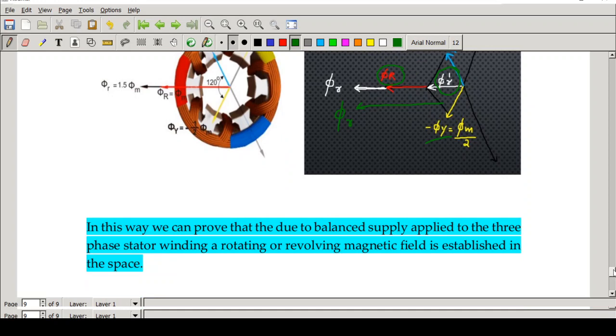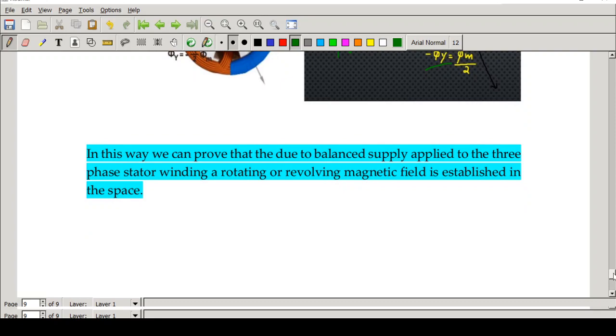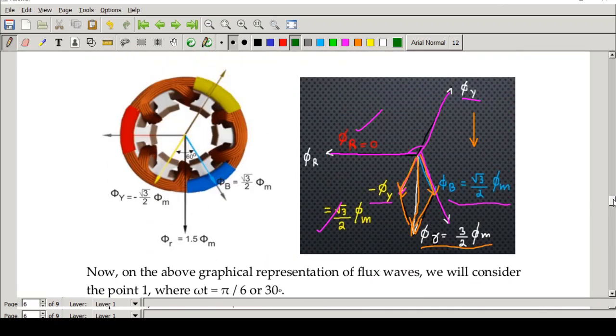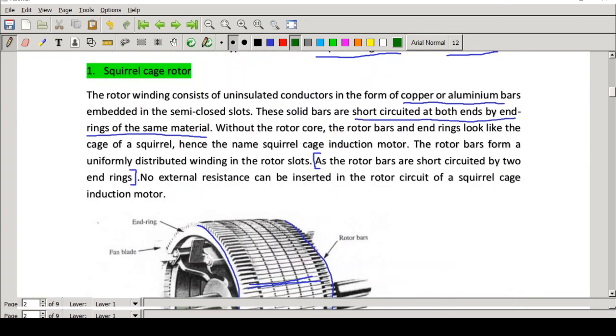So using all these vector diagrams and the equations, we can prove that when a three-phase balanced supply is given to the stator winding of a three-phase induction motor, a rotating magnetic field will be established in space. So this is about how the rotating magnetic field is produced.